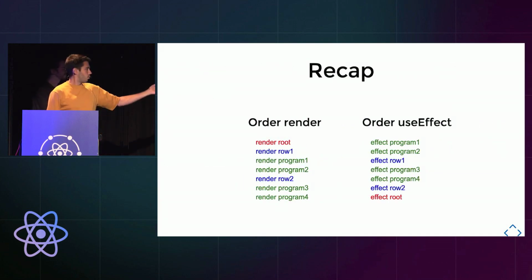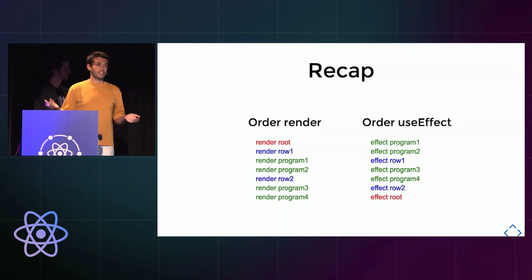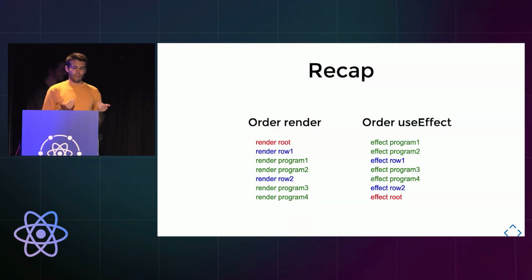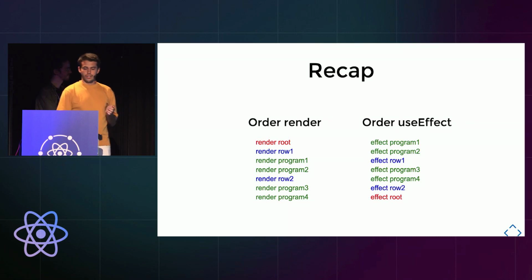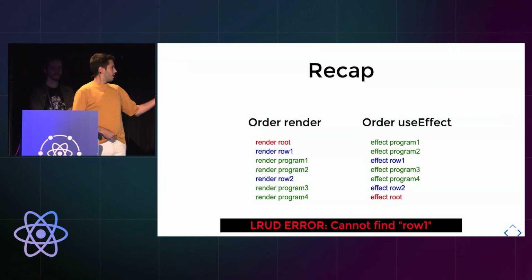But the thing is, when you register the program with the useEffect order, program will be the first one to be registered. And it will be registered before row 1 is created. So that's why we see this error. It can't find row 1 when it's trying to register program 1 as a child of row 1. So that's why the app didn't work earlier.